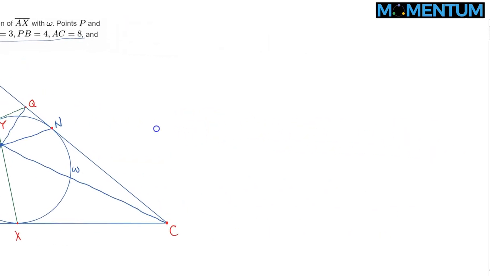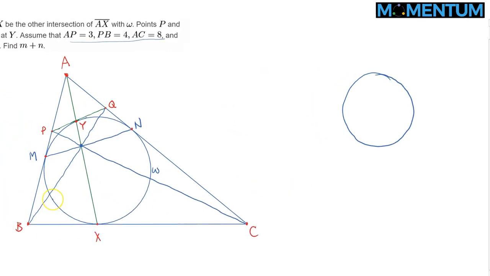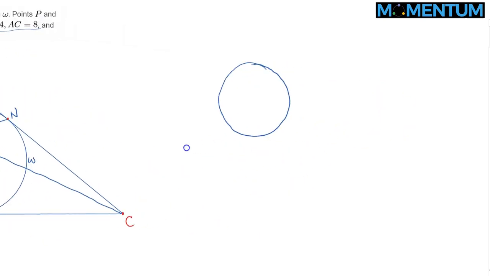So let me create a new shape, and then based on that new shape, let's see if we can discover more facts about this nice result. So what's a natural way to construct this quadrilateral? We can start with a quadrilateral inscribed in a circle, and from there we will naturally create a circumscribed quadrilateral like PQCB here.